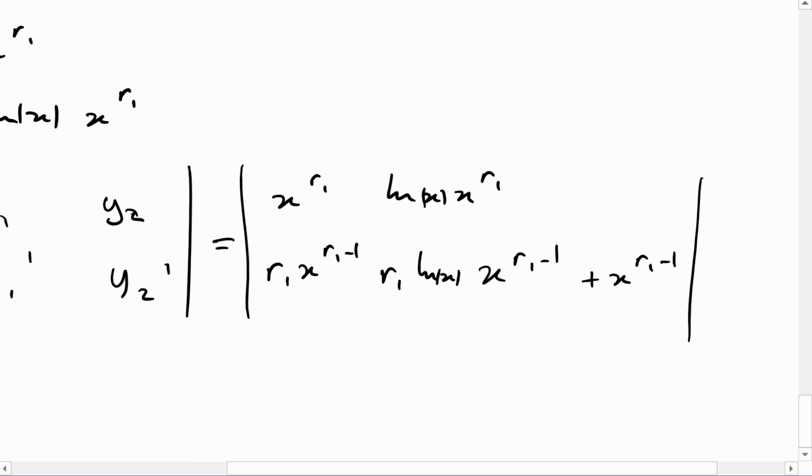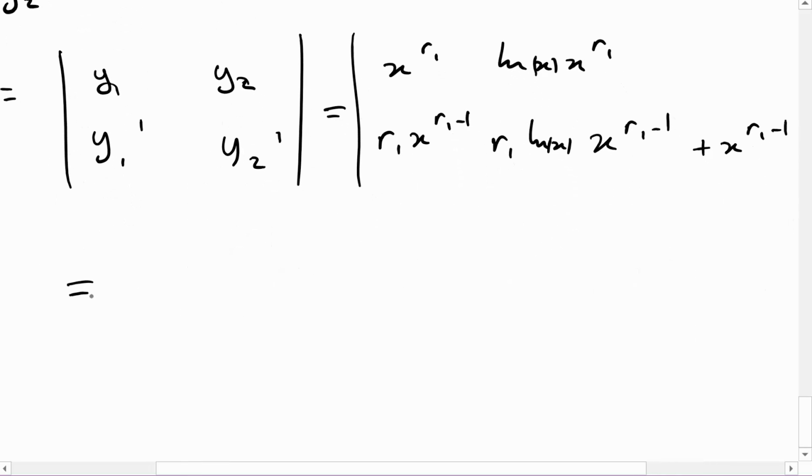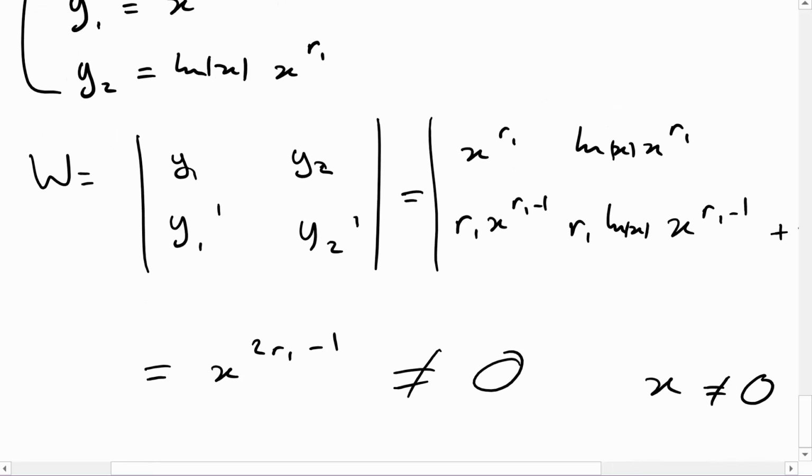It just comes out as a chain rule. You verify that, do a little bit of simplification in there, nice little bit of cancellations and such, and you basically end up with x to the power of 2r1 minus 1. I'll leave you to verify this, which of course can't be 0 for as long as x is not equal to 0. So as long as x is not equal to 0, we end up with a linearly independent solution.